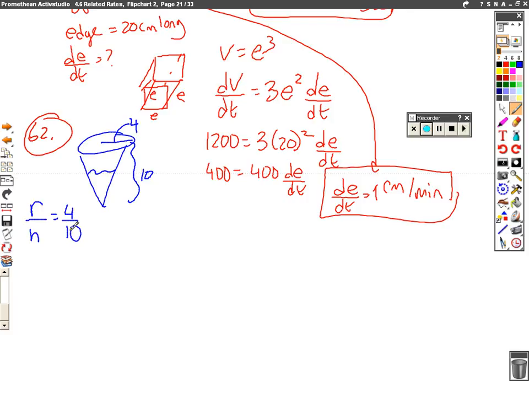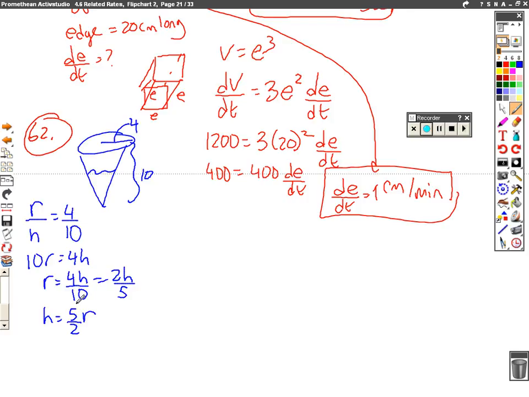If we cross multiply, we get 10r is 4h. Divide both sides by 10 and we get r is 4h over 10, which, if I divide both by 2, is 2h over 5. So r is 2/5 of h. In the same respect, h would be 5 over 2 times r, or 2.5r.